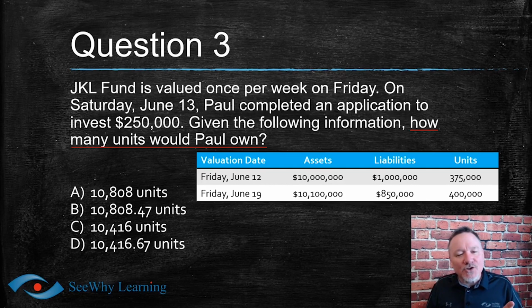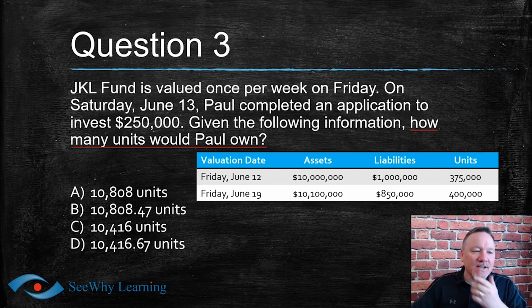I think this question also tests students on whether you know if you can buy partial units, also known as fractional units. Looking at these 4 answer choices, answer A is whole units, where answer B is what we call partial or fractional units.